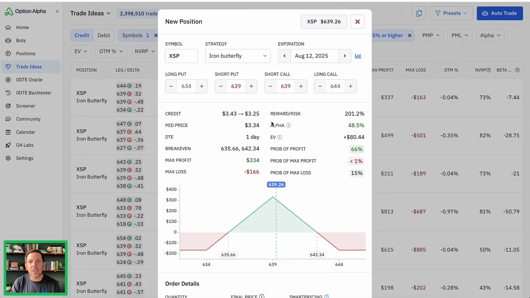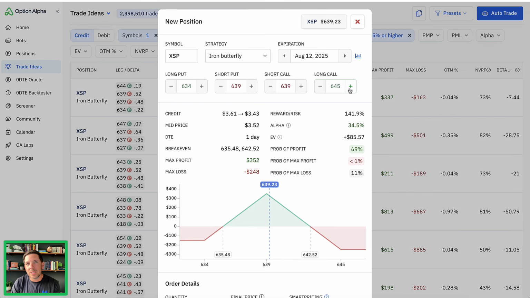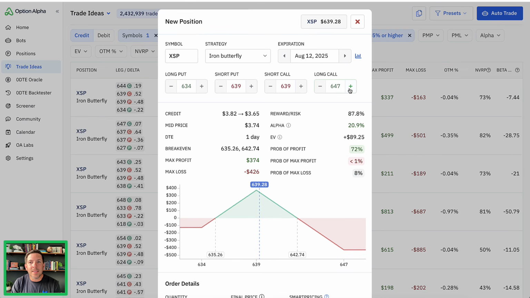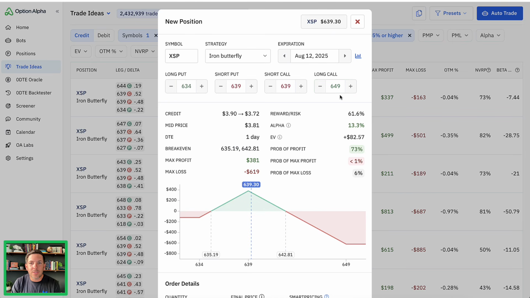Now, the other thing you can do with your iron condors or your iron butterflies is create unbalanced positions. Sometimes you'll see this in trade ideas, where trade ideas will show a position or you'll get into a position with unbalanced sets of spreads. What this means is that one side is a little bit wider than the other side. It doesn't always have to be exactly the same, but in this case, you can see our short put side here is about $5 wide, and our short call side here is about $10 wide.